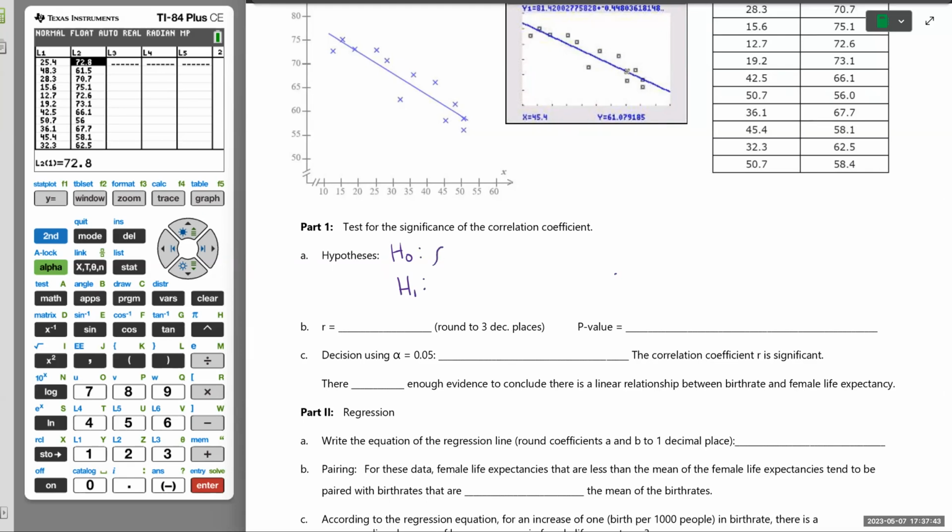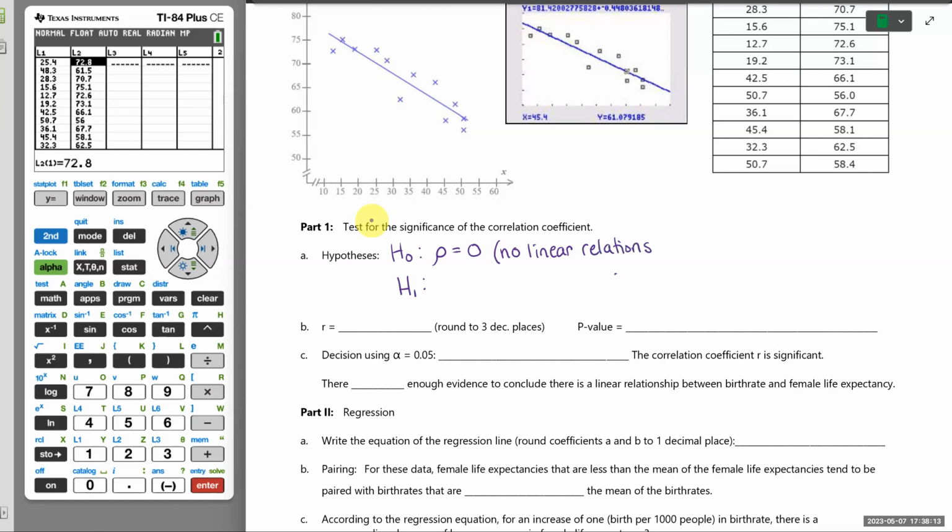So our null hypothesis will always be that the population correlation coefficient, rho, so there's our population correlation coefficient, equals 0. So that would mean for the population of all countries, not just the 12 in this study, but for the entire population of all countries, that there is no linear relationship between these variables.